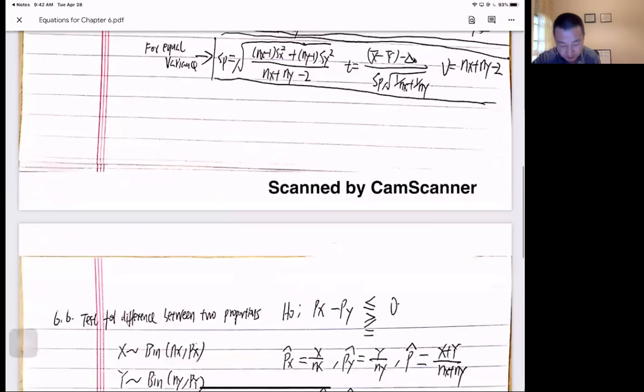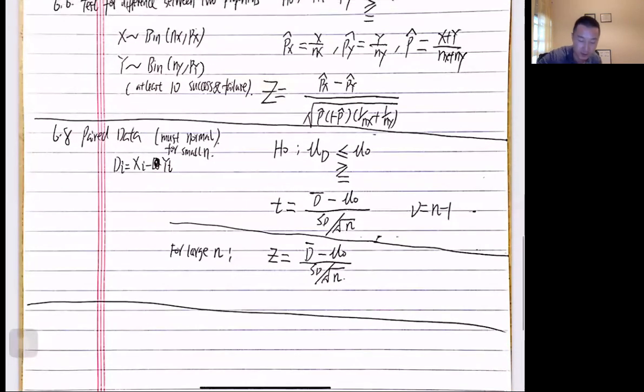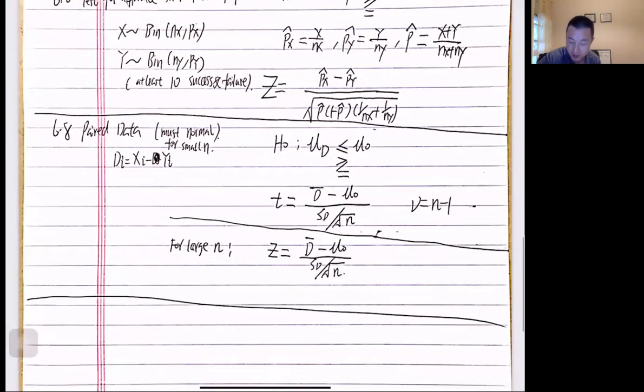For paired data, section 6.8 is for paired data. For a small sample, it must be normal distribution. If the sample size is large, we need to calculate the z-score. For a small sample, we calculate the t-score. So we have 7 patients, so the sample size is small. So we need to use the t value.